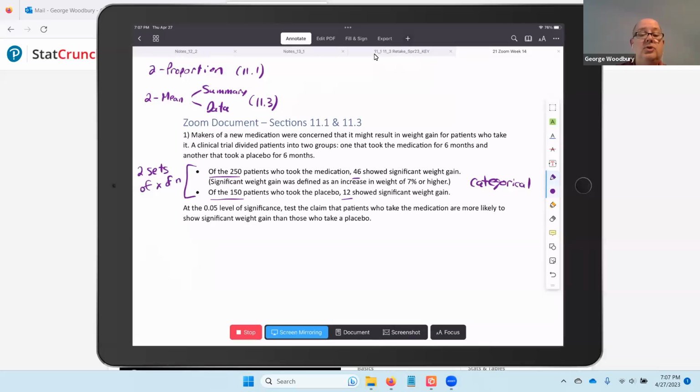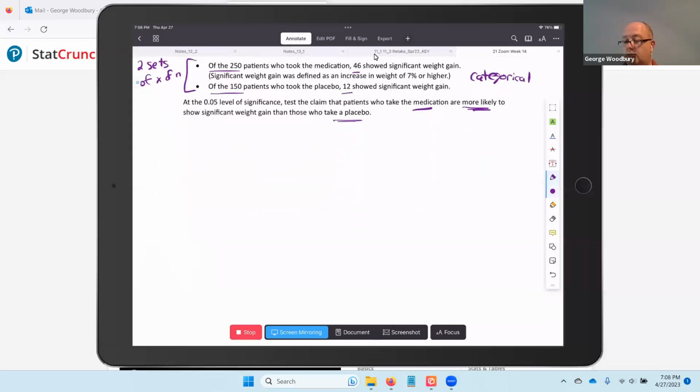If we were trying to gather this data, we would ask the patient if they've gained 7% or more in weight during the trial, and their answer is going to be yes or no. So those are categories. And if we look at the claim, patients who take the medication are more likely, which is a measure of probability. Probabilities are proportions. They are more likely to show weight gain than those who take a placebo. So we're comparing one group to another group. Everything here says two proportion.